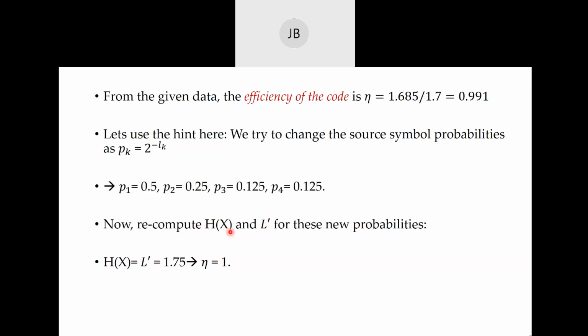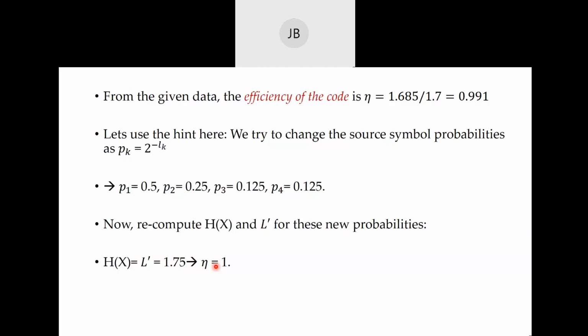Using those equations, we find these new values, and it appears that the entropy and average code word length become equal. Efficiency is computed by the ratio of the entropy and average code word length. So in this case, efficiency H of X by L prime is 1.75 divided by 1.75, which becomes 1. That is the maximum value of efficiency we can attain.